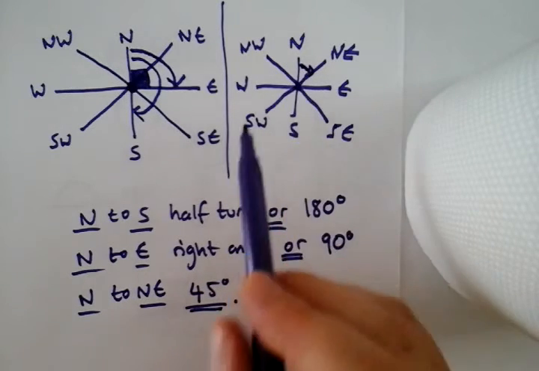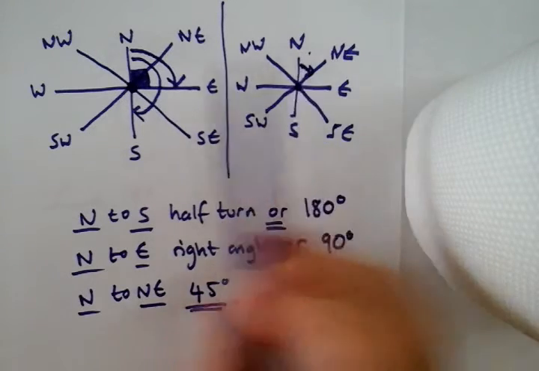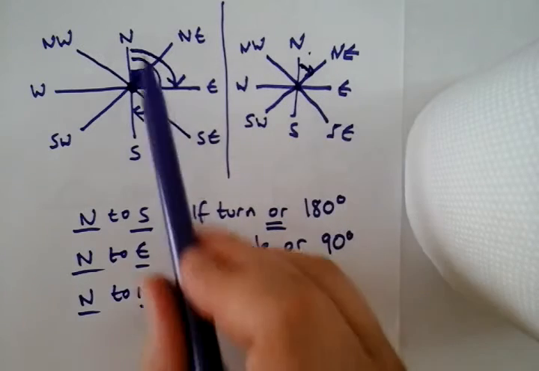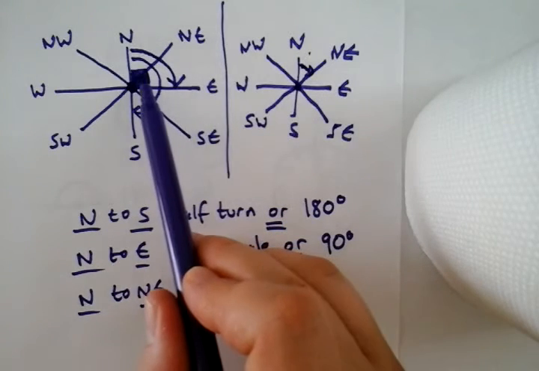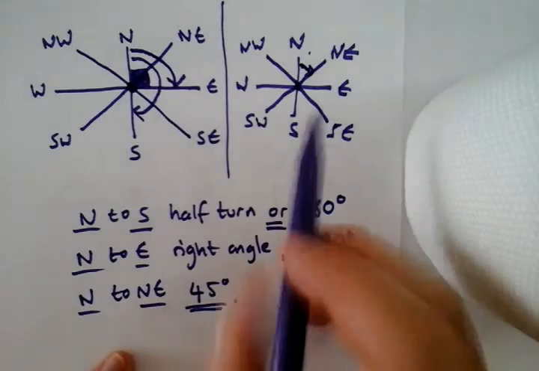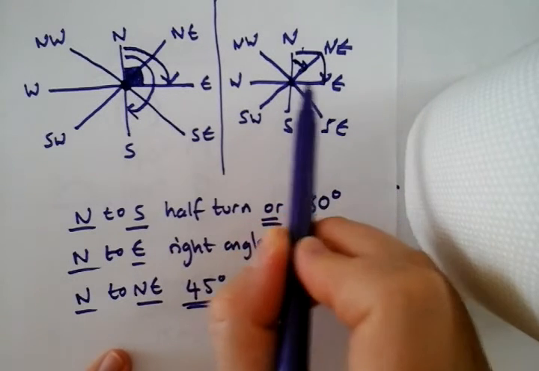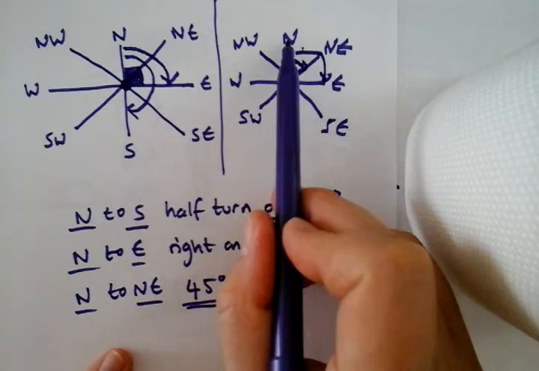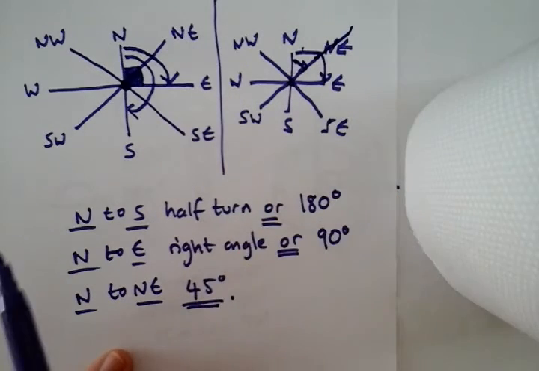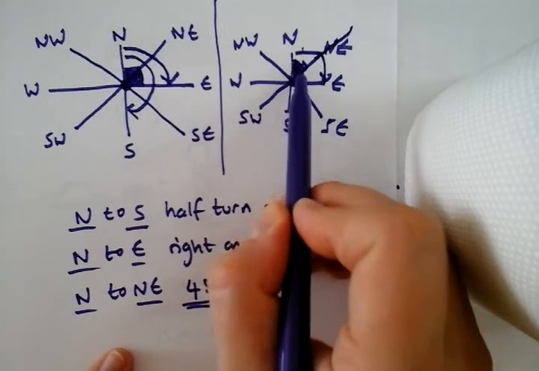So we know the angle, start from here, from north to east, right? So we know north to east, we said was a right angle, which is 90 degrees. So all of this is 90 degrees. And if you look at north to northeast, this is half of that angle. Look, it's half of 90.